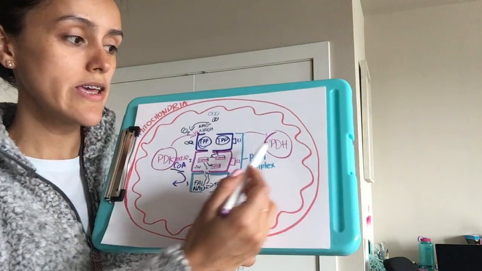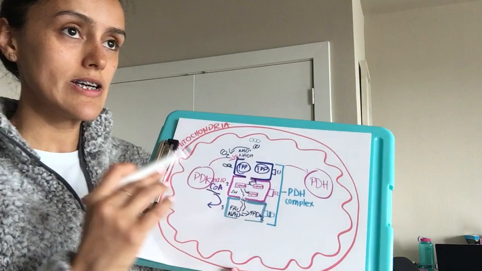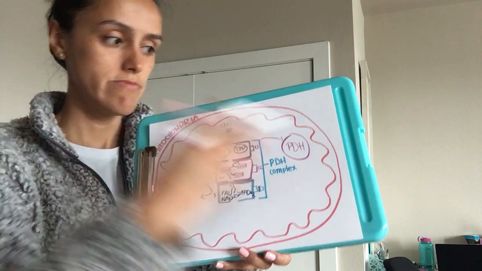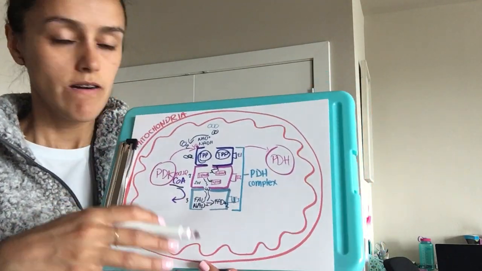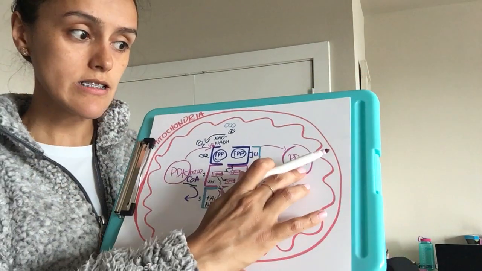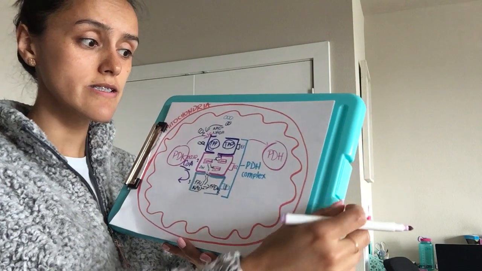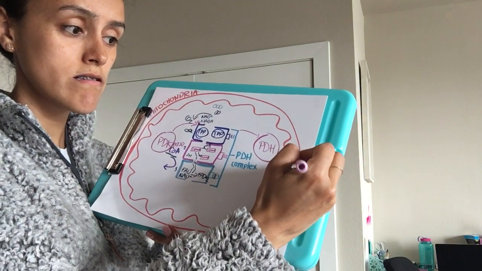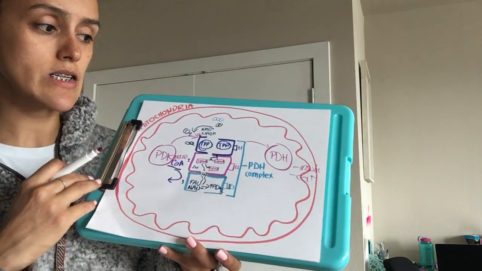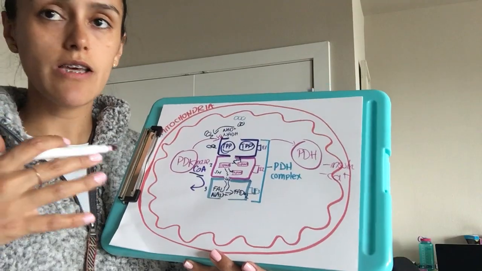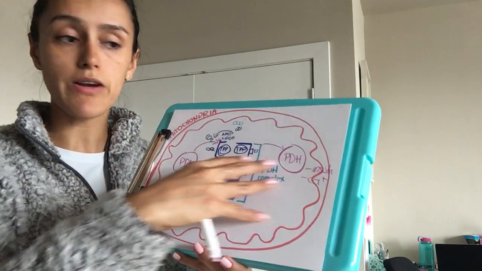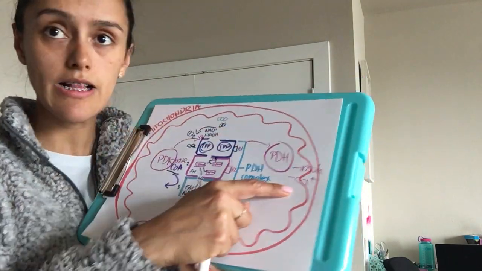So this is the one that says, hey, go ahead and make more acetyl CoA so we can produce more ATP for the cell to generate more energy. This is influenced by insulin and calcium. This is important because when there's too much sugar in or around the cell, insulin comes in and regulates this process, as well as calcium.